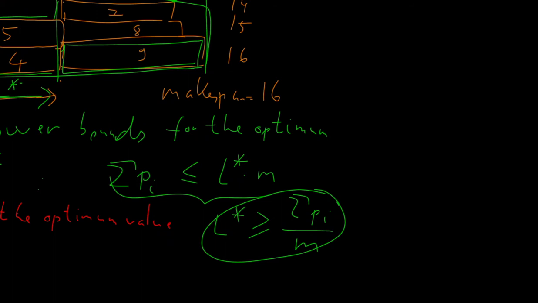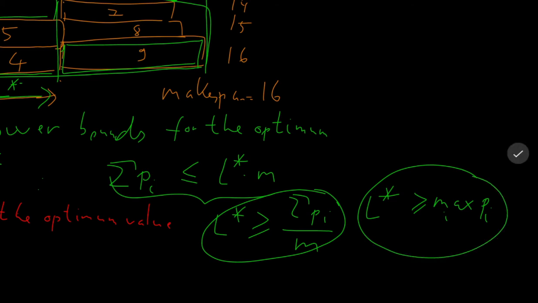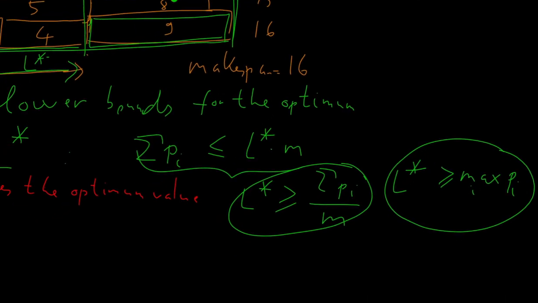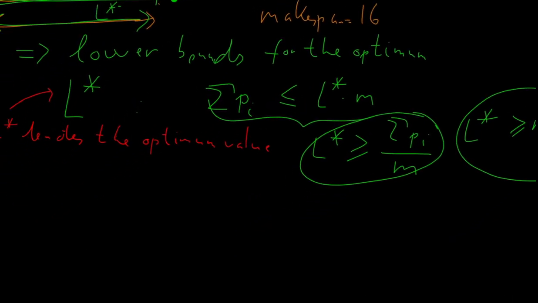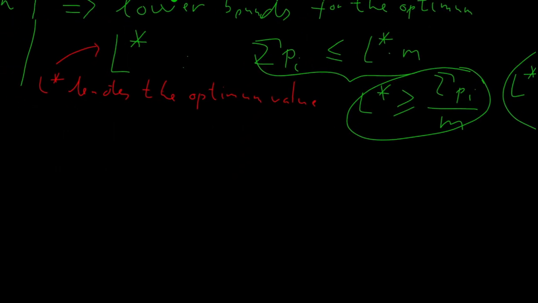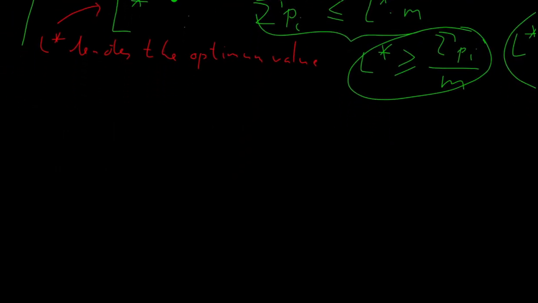In general, L star, the optimum solution, is at least as large as the maximum of the p_i's. So that's the second so-called general bound for this problem. And we will use these two lower bounds frequently when we compute competitive ratios of algorithms.